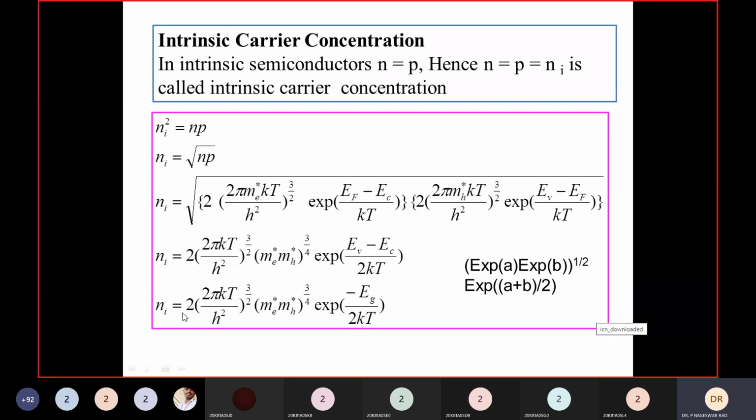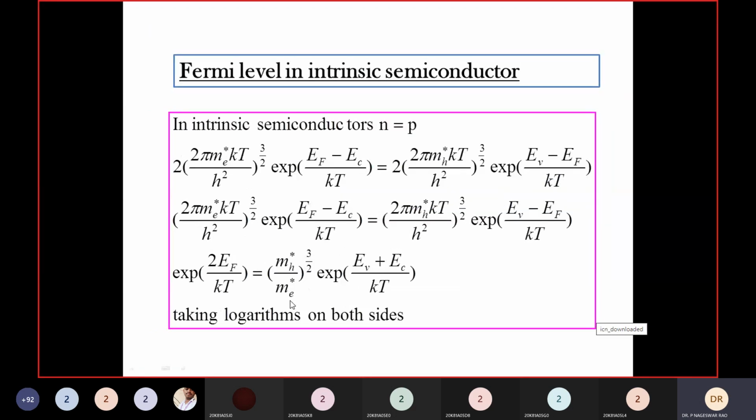So now the carrier concentration in case of an intrinsic semiconductor, ni, is equal to this value. Now we are calculating the Fermi level in case of an intrinsic semiconductor.